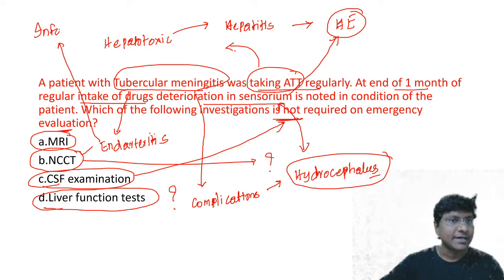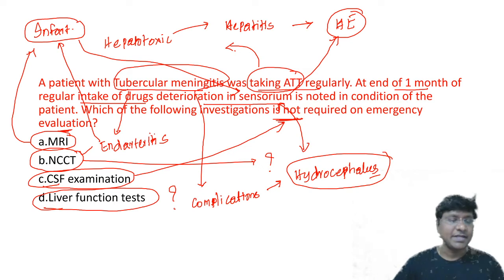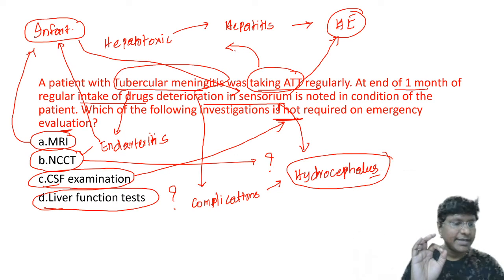It can be infarct. Small infarcts can appear, and the small infarcts can be seen by MRI, and the small infarcts can make the individual land up in altered sensorium, and that is the reason why you also have to do MRI. So you are doing MRI and CT scan in order to see if the individual has developed any complications.